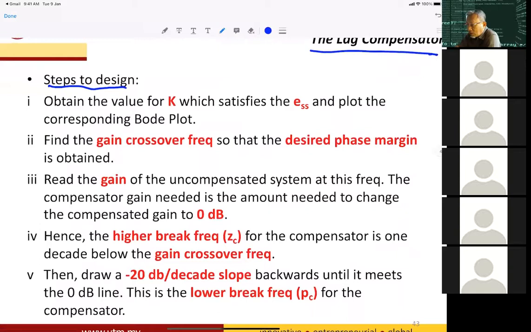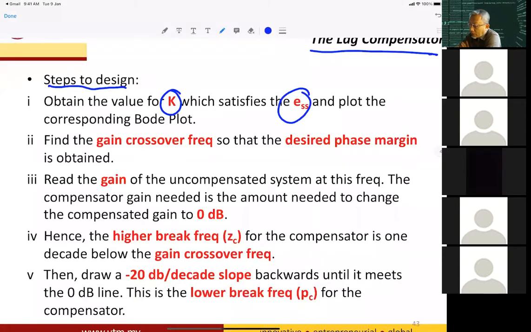The first one is to obtain the value of K which satisfies the steady state error, and plot the corresponding Bode plot. The Bode plot is given in the test or in the exam questions, so you just use the given Bode plot. It's good for you to print the Bode plot figure if you have a printer, and then from there you can start to apply the steps of the lag compensator.